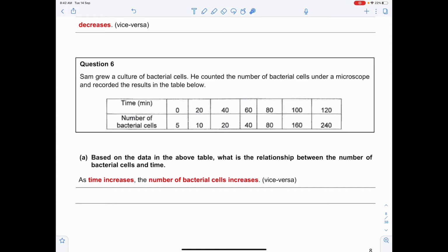Moving on, next one. Gopal wanted to find out how material X affects the way cold water gains heat. The diagrams below show 2 setups he used for his experiment conducted in the science lab. So remember, whenever you have 2 diagrams, I always tell you this, you need to compare. The difference between this and this would be that one has material X with many air pockets.